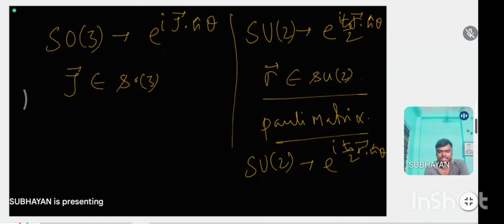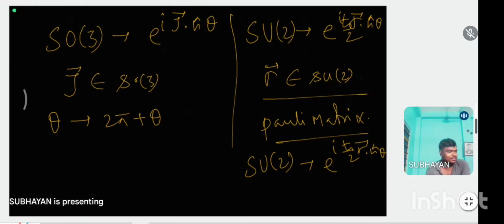As a half is associated with it, suppose theta goes to 2 pi plus theta. The elements will be the same.